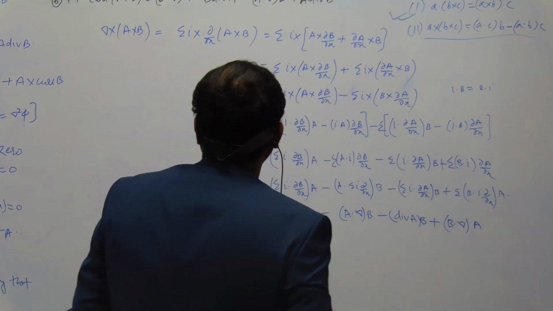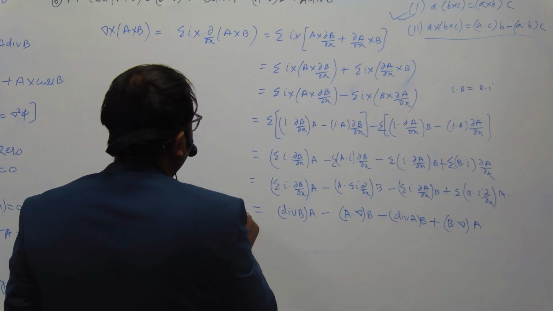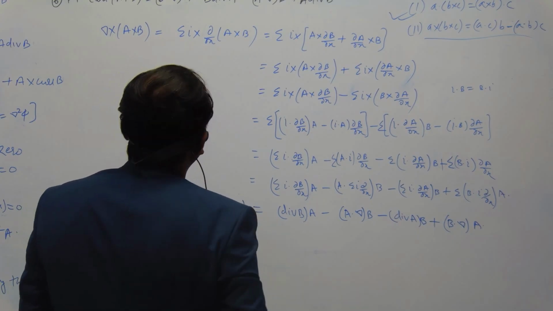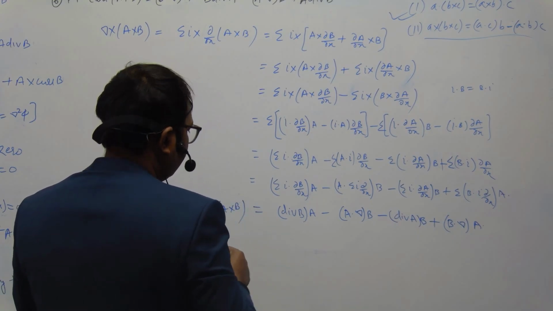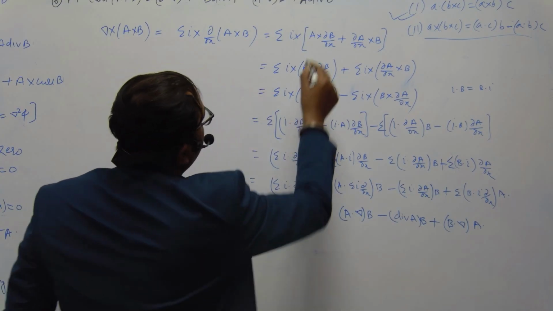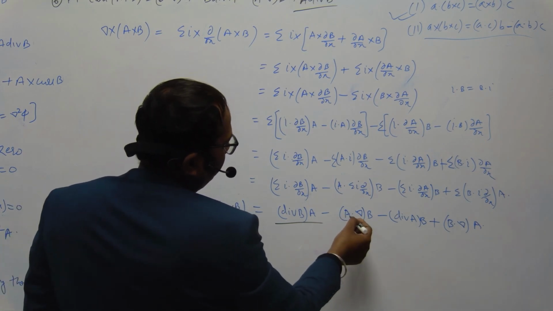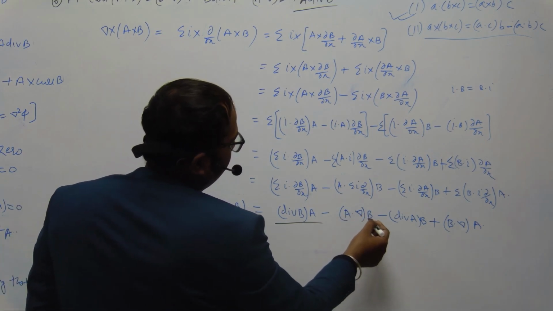Okay, and this is equal to curl of a cross b. Let us verify these terms. The first term is divergence of b into a. Now the second term is minus a dot del into b.